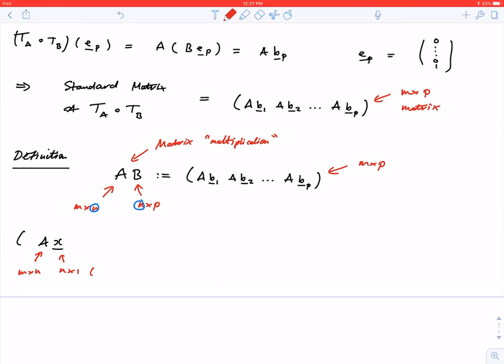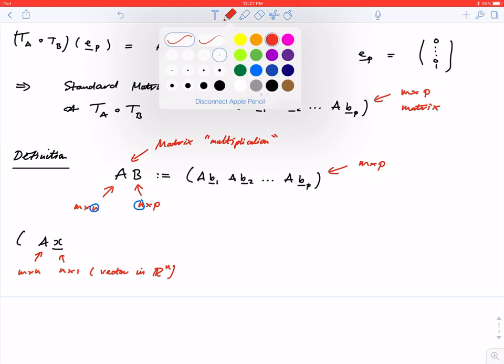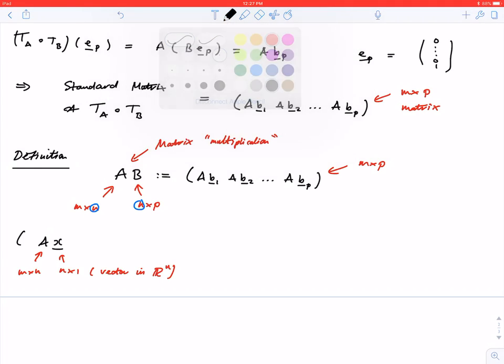So this is just notation for a vector in Rn. In this case, if I do the matrix multiplication, I'm really just doing, by definition, what I'm used to. So this can now be interpreted as matrix multiplication.